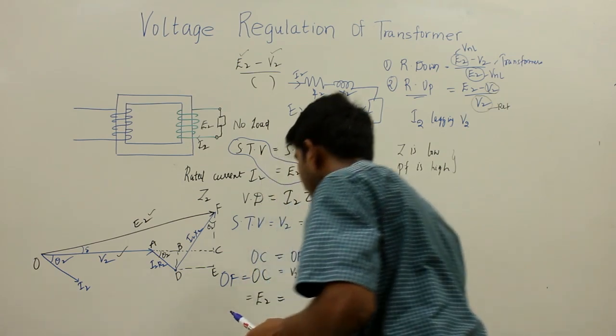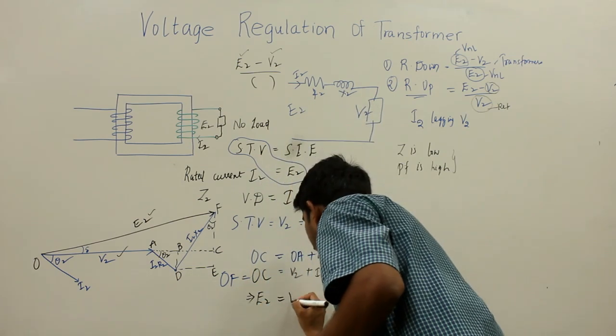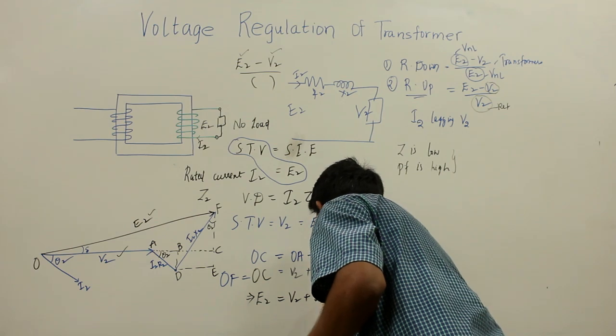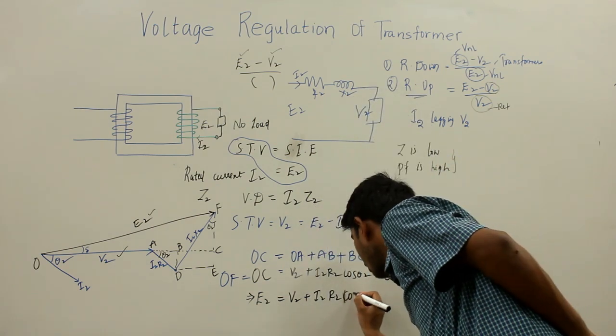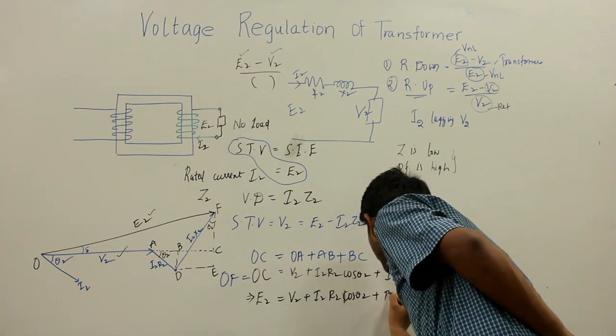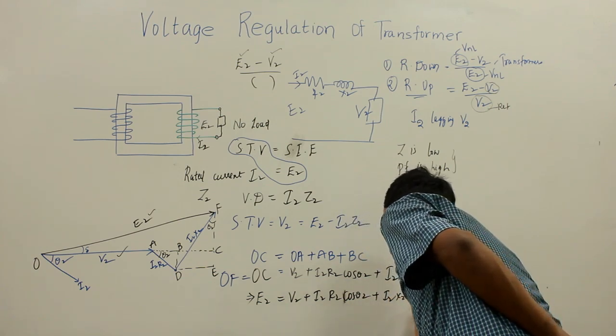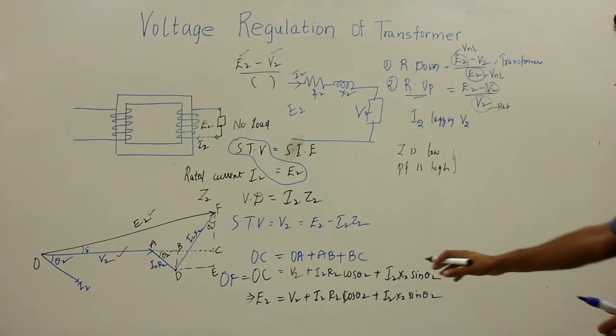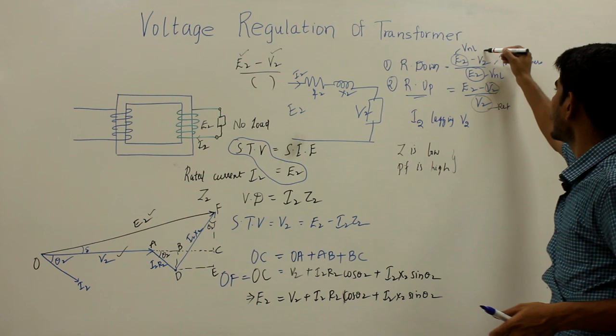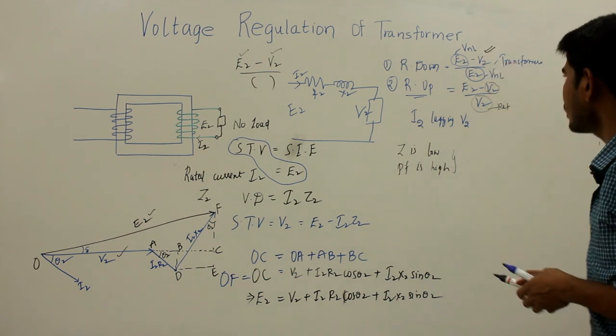So your E2 will be equal to V2 plus I2 R2 cos theta 2 plus I2 X2 sin theta 2. So this is your E2. Now let us put this E2 in the regulation formula.